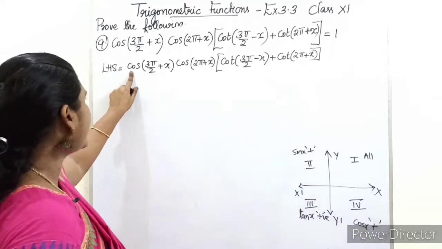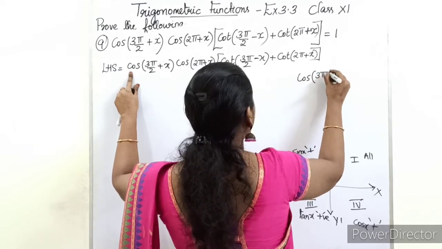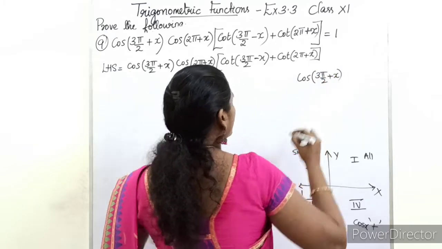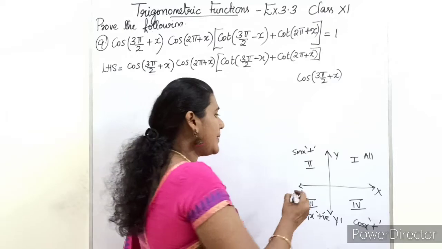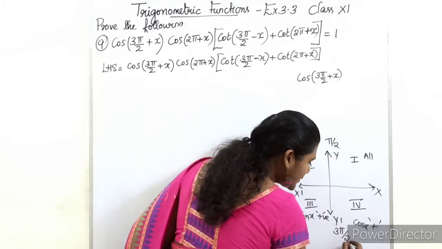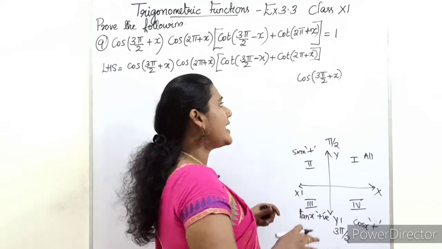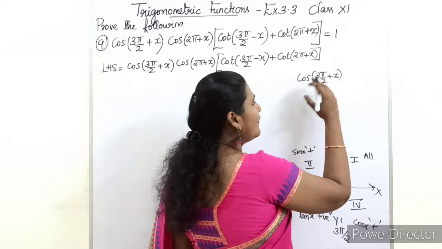So first we will take this expression, that is cos 3 pi by 2 plus x. Here the angle 3 pi by 2, you know that pi by 2 and 3 pi by 2, these two angles lie on the y-axis, and for angles on the y-axis the trigonometric ratio will change.